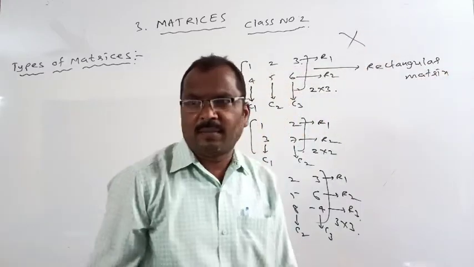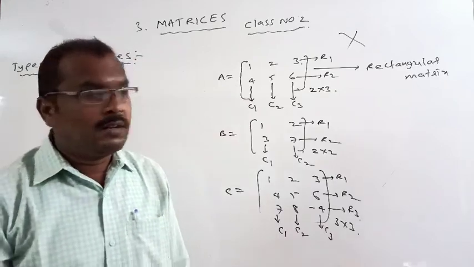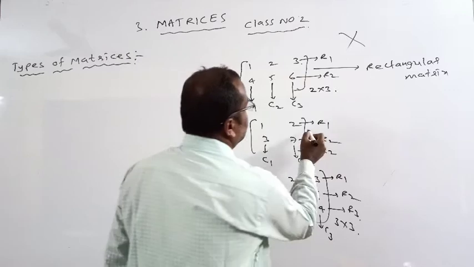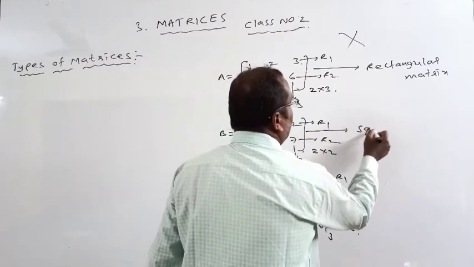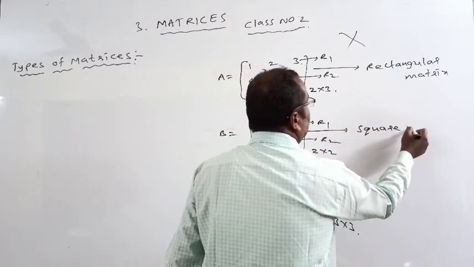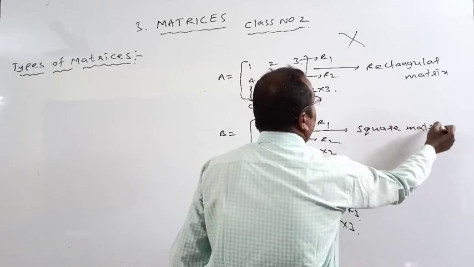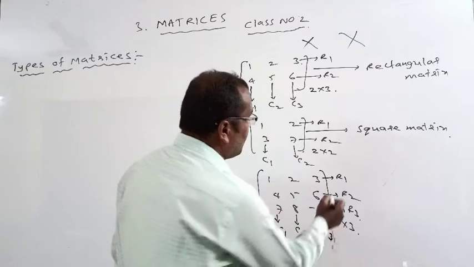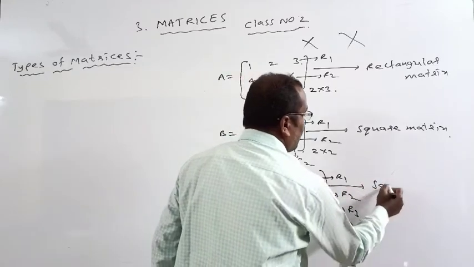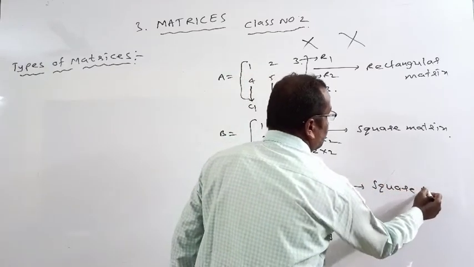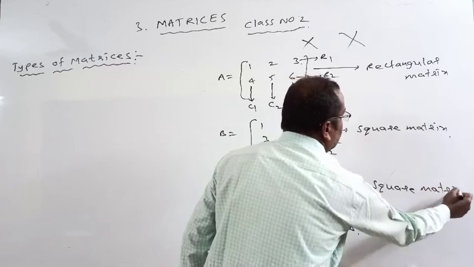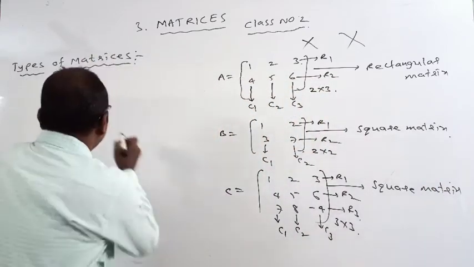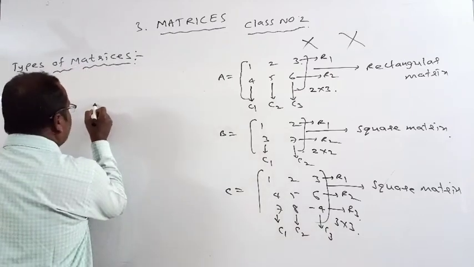Don't write this one, I am just comparing the matrices. Types of matrices. Don't write the notes now. It is said to be a rectangular matrix and it is said to be a square matrix. How are we defining the square matrix and rectangular matrix? I am giving one more example.